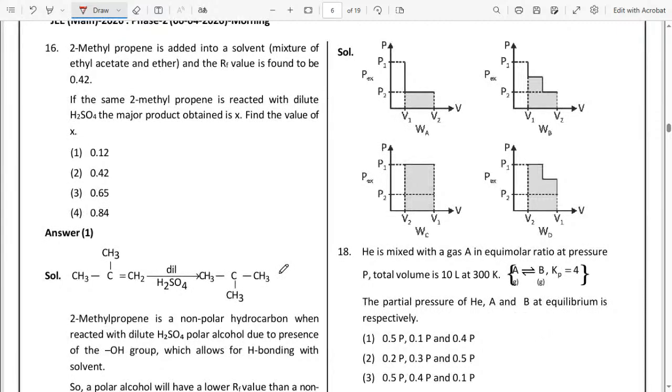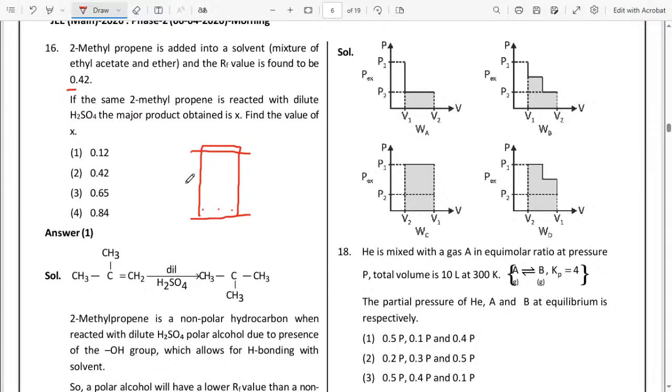Question number 16. 2-methyl propene is added into a solvent, a mixture of ethyl acetate and ether, and the RF value is found to be 0.42. If they are asking about the RF value, let us say this is a TLC plate. When you run the TLC, or thin layer chromatography, the spot you put here at the bottom will move forward on this plate.